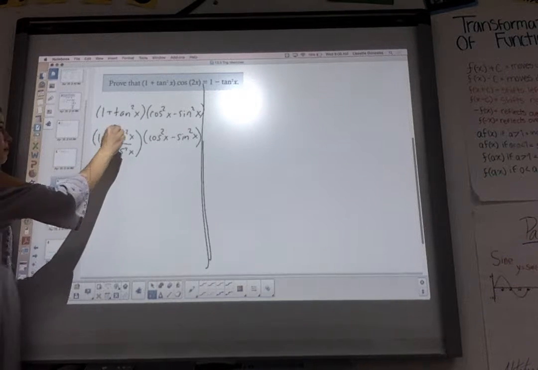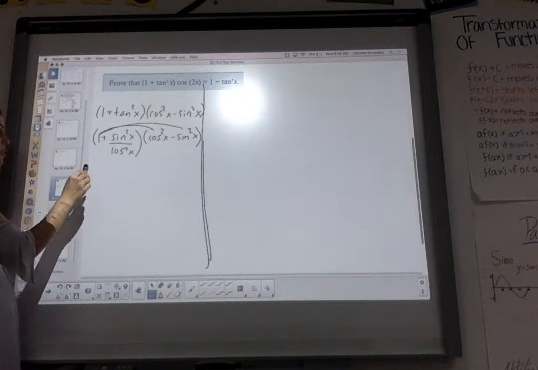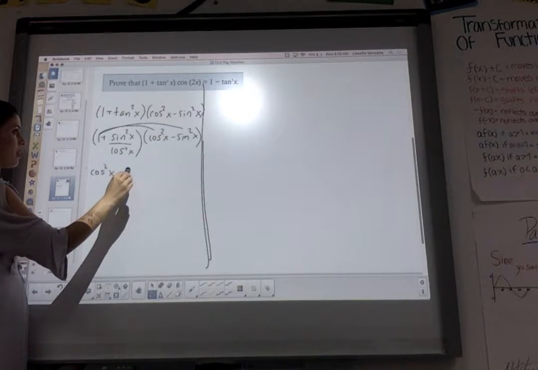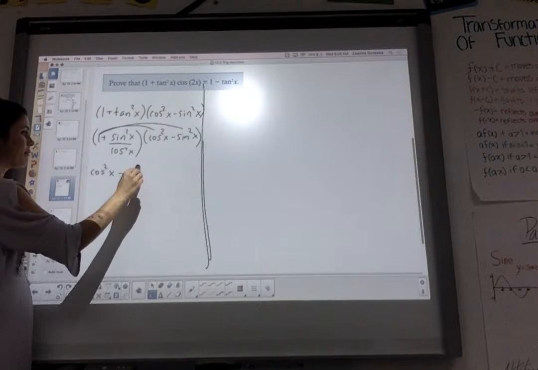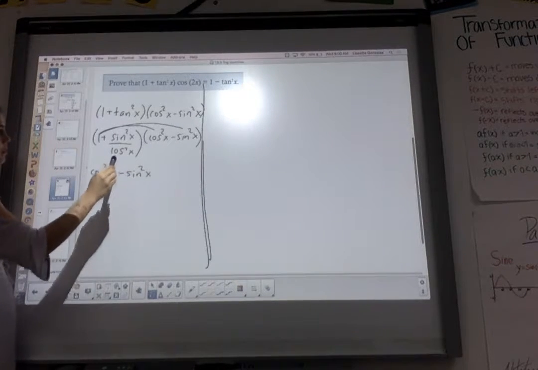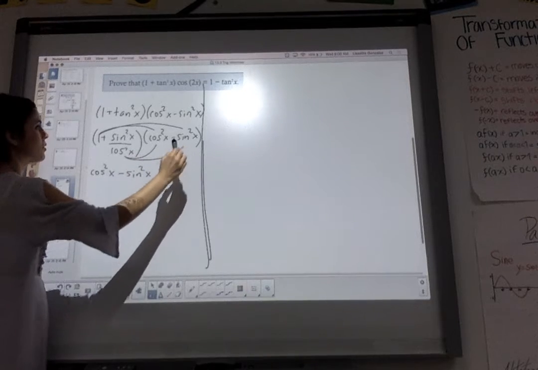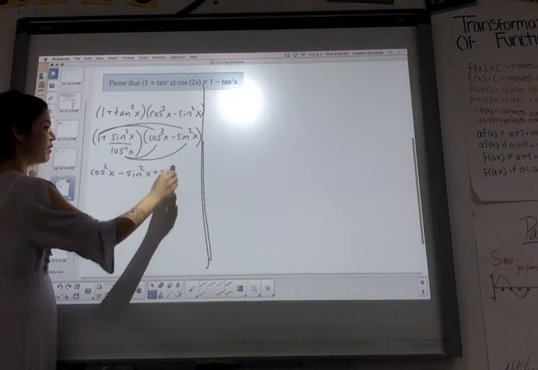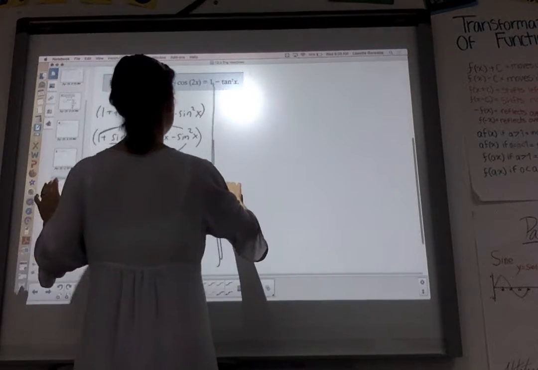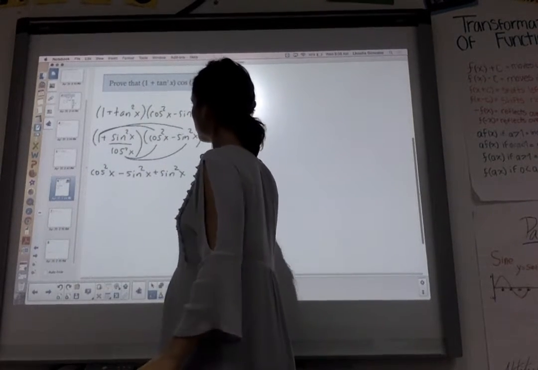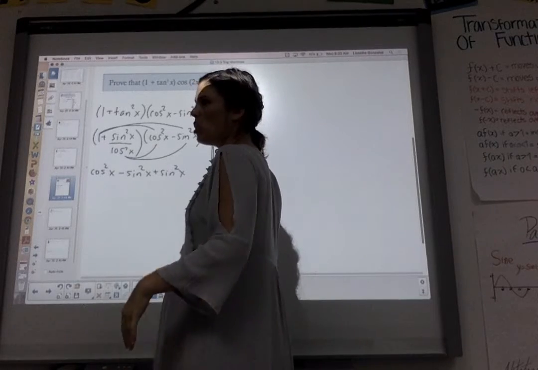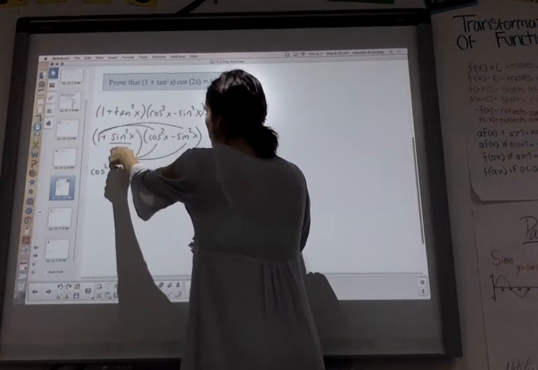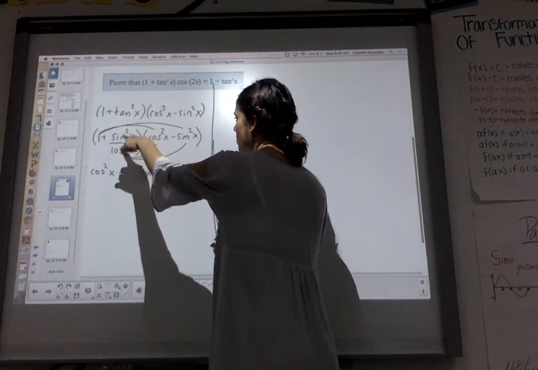So we're going to distribute. Couldn't we express the 1 as cos squared over cos squared? We probably could, but let's just see what happens. I'm just going with it. So, multiply here, the cosine squareds cancel.